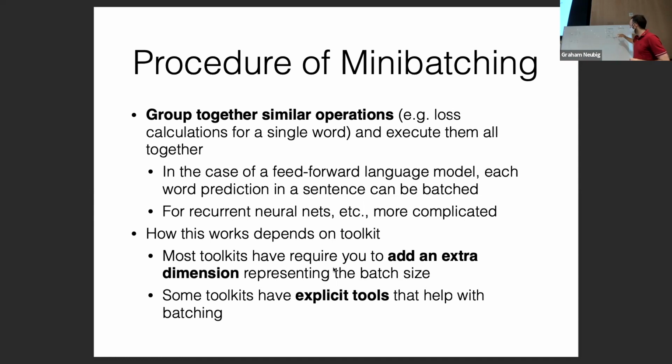This is numerically equivalent to having a batch size of 64, because we assume that each example is independent. So let's say we have losses for i equals 1 to 64.